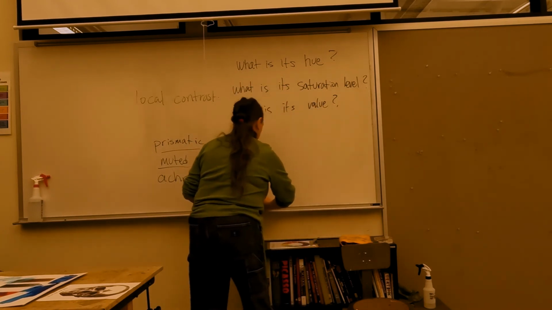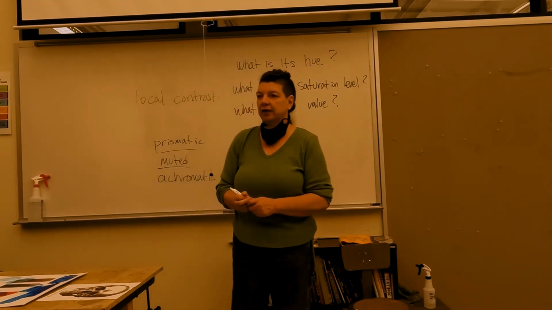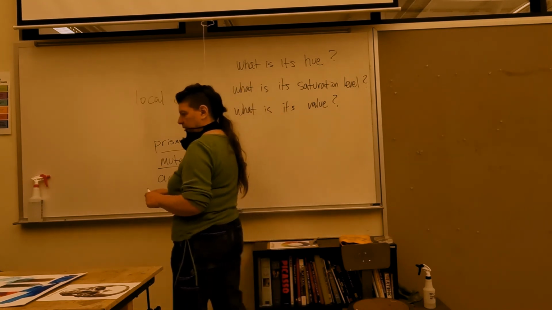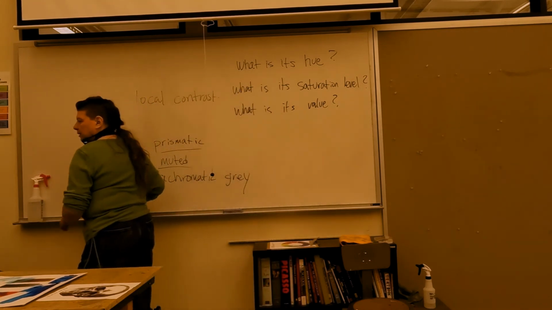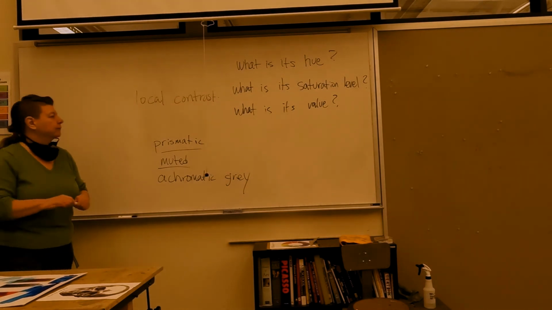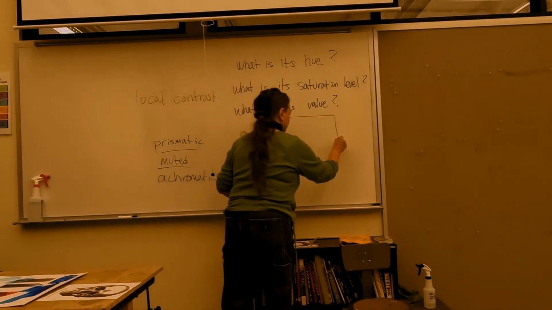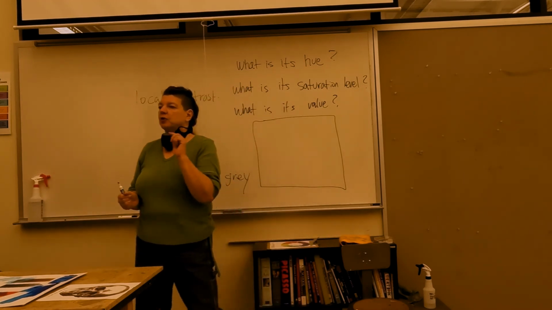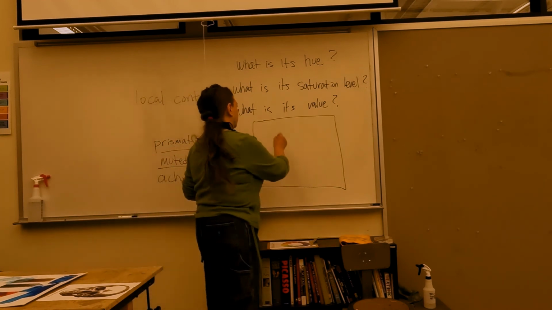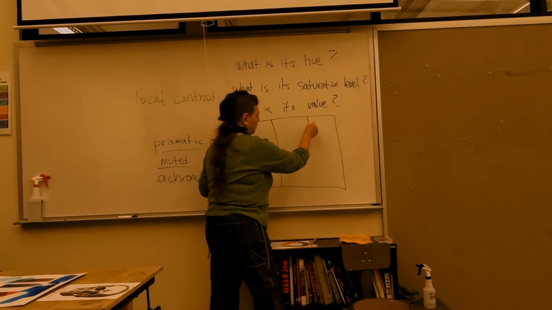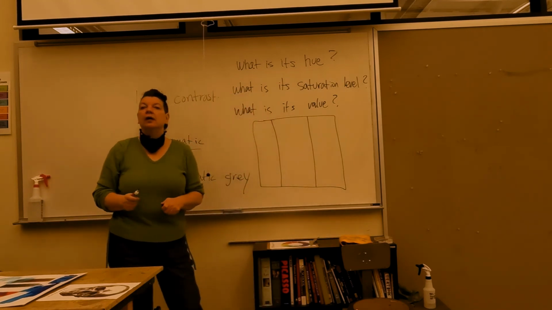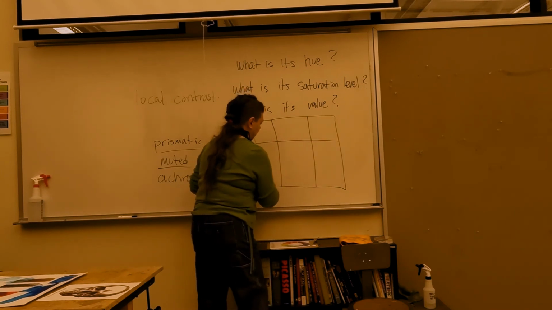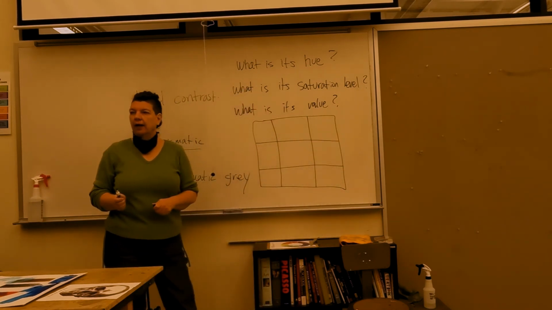Okay? So, the rules of composition that we'll be using for here on your paper, and I need a new marker. Okay, we break our paper into thirds. 1, 2, 3. We break our paper into thirds. 1, 2, 3. Okay?